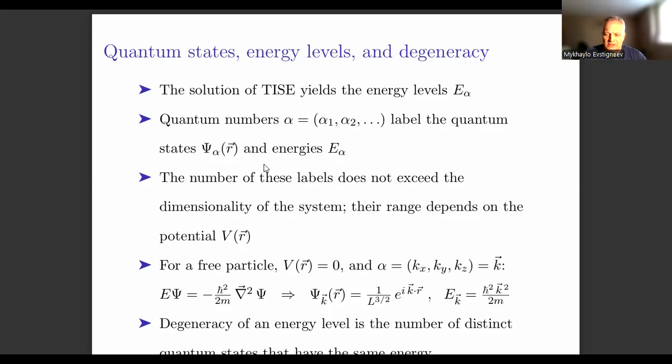The quantum states that have the same energy are said to belong to the same energy level. And if a particular energy level has more than one quantum state, this energy level is said to be degenerate. All right, next.